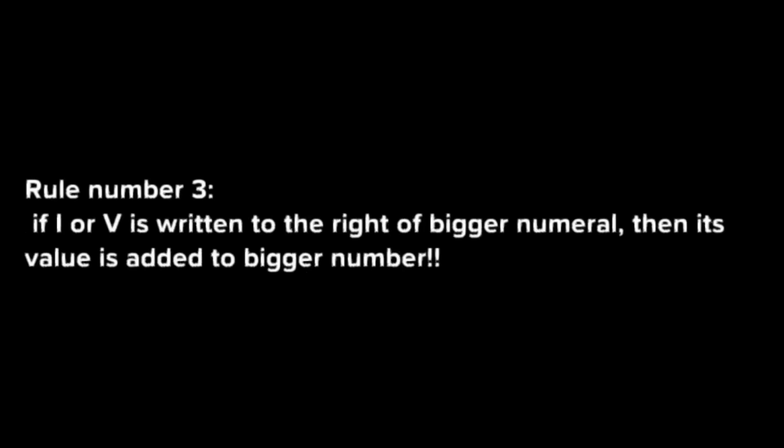Rule number 2: I and X can be written a maximum of 3 times repeatedly, but V is not written repeatedly. Rule number 3: if I or V is written to the right of a bigger numeral, then its value is added to the bigger number.